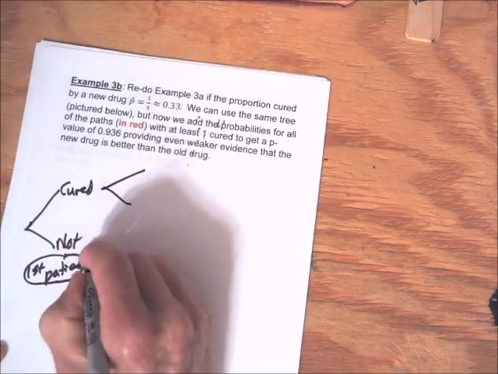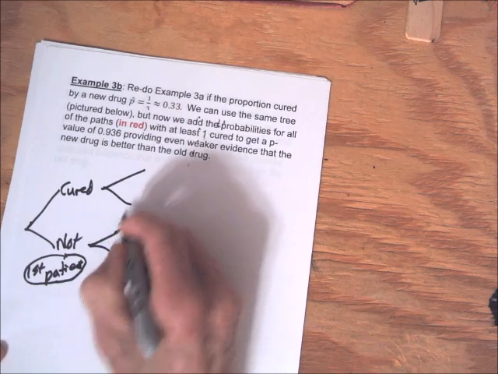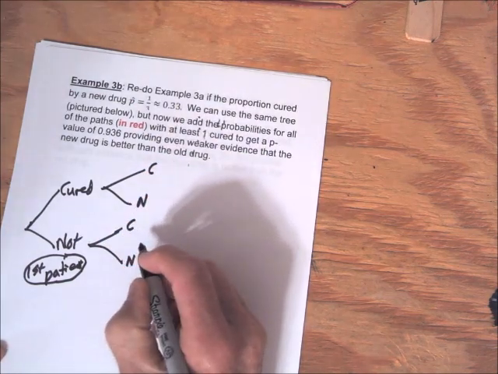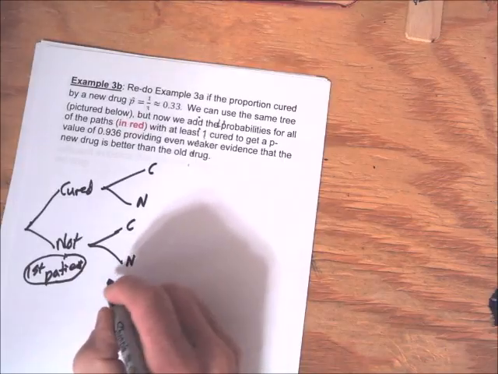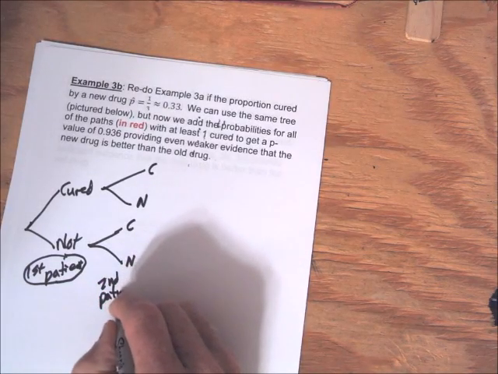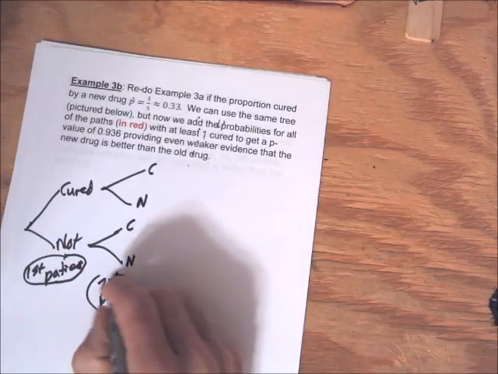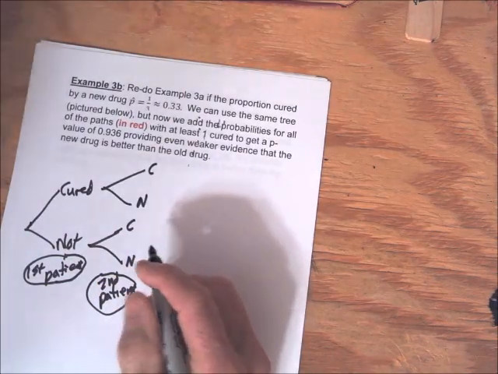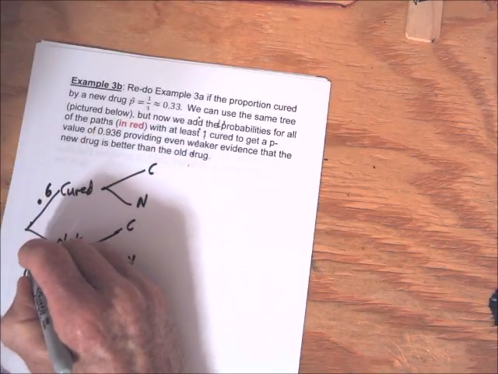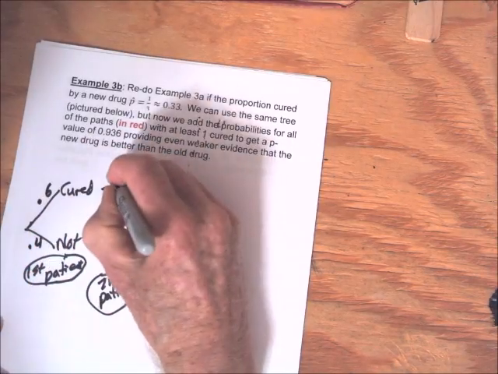And cured, not. That's the second patient. And let's put the probabilities in. If H0 is true, each patient has a 0.6 chance of being cured, 0.4 chance of not being cured.